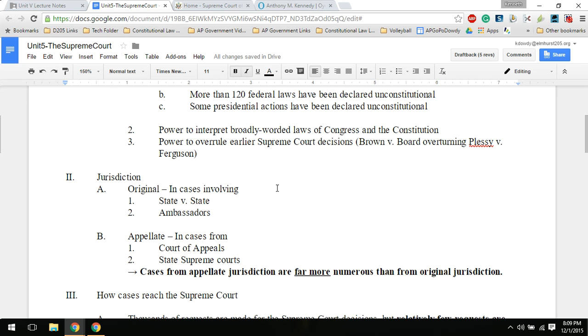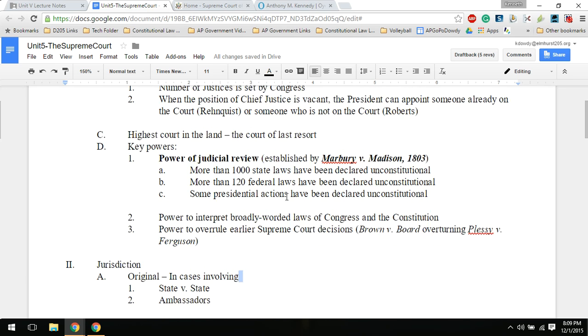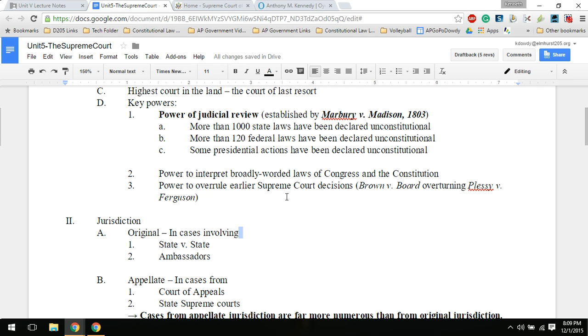Again, I also talked in the last screencast about the ability to overturn previous Supreme Court cases. This should be italicized. One of my pet peeves is not italicizing Supreme Court decisions. So Brown versus Board, which eliminated what Plessy said, which was separate but equal.